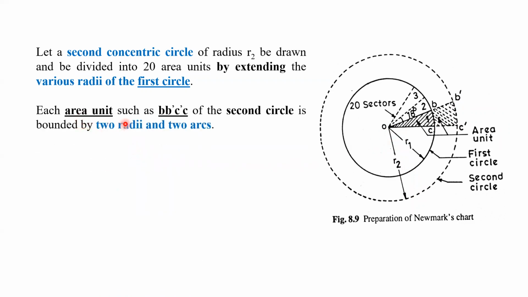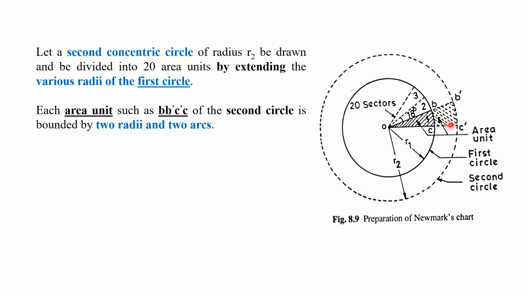Each area unit is bounded by BB dash and CC dash. We can see that the second circle is bounded by two radii. What are the two radii? BB dash and CC dash, and two arcs, BC and B dash C dash. So it is bounded by these two radii and two arcs.